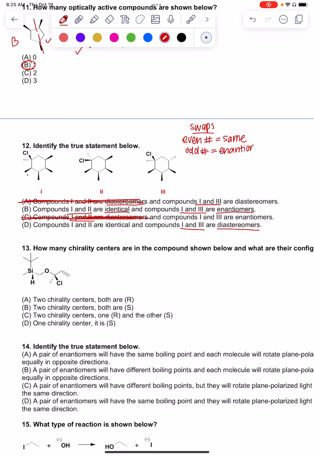If you swap once, you get the enantiomer, and if you swap twice, you get the same compound. That's for one chirality center, but it applies here too. We're looking at enantiomers and diastereomers, and remember, if we change all of them, it would be an enantiomer.